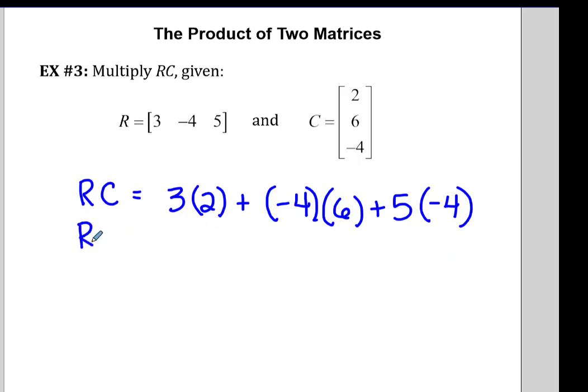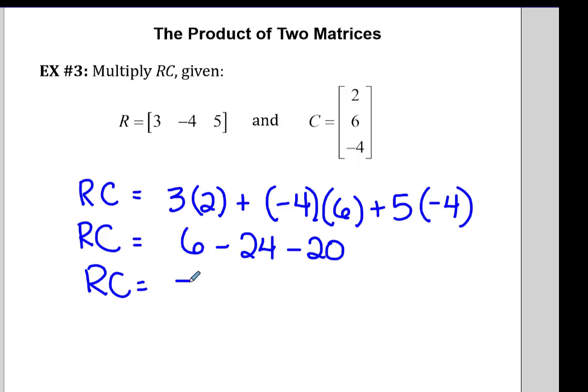So the row by the column is going to be a single number: 6 minus 24 minus 20. So adding those up looks like negative 44 plus 6, which is negative 38. So we got a row by column.